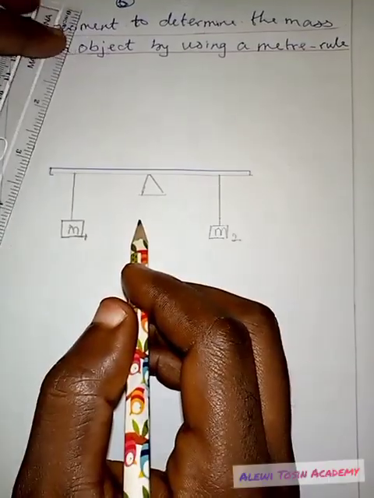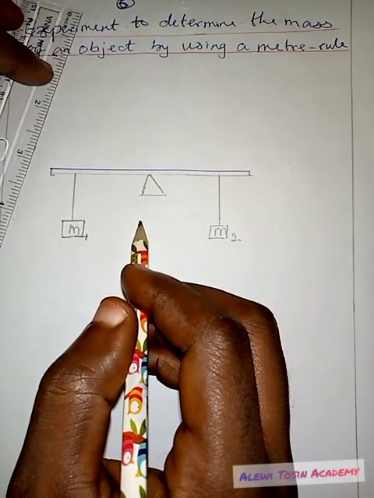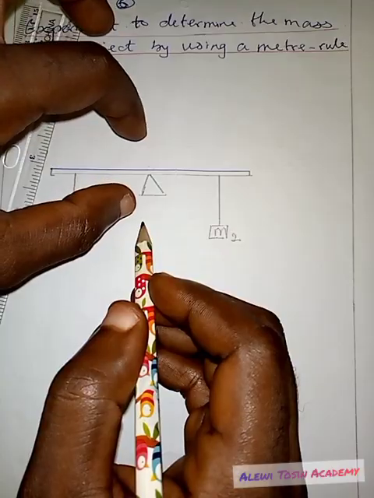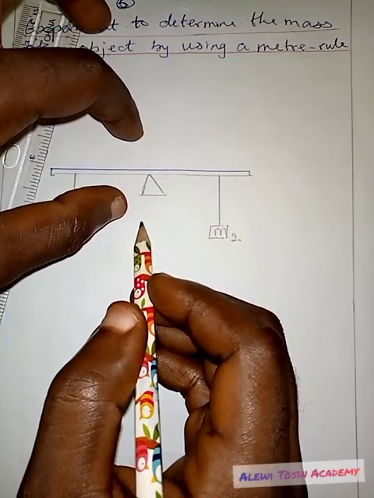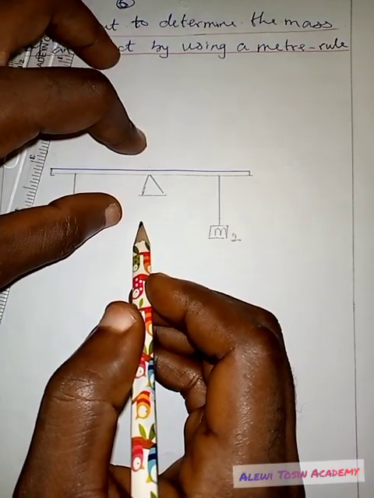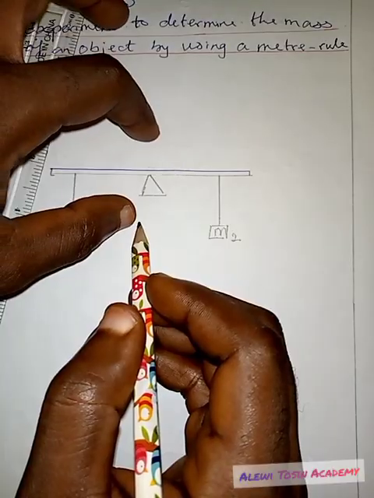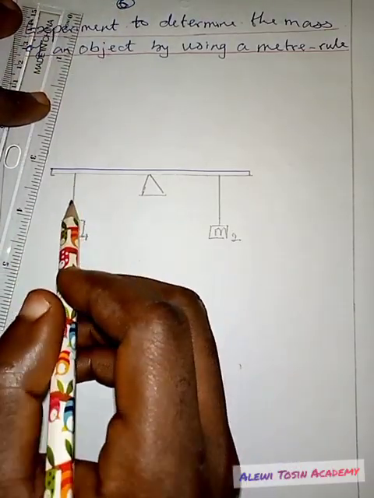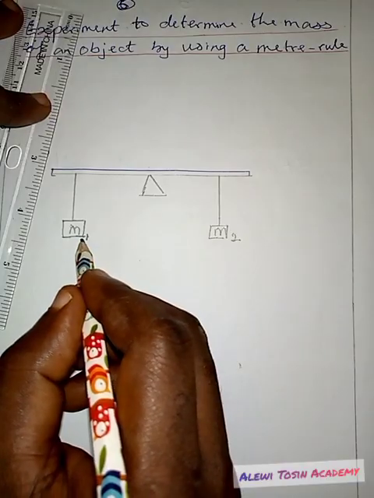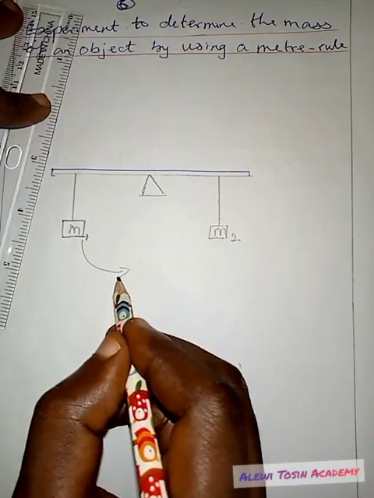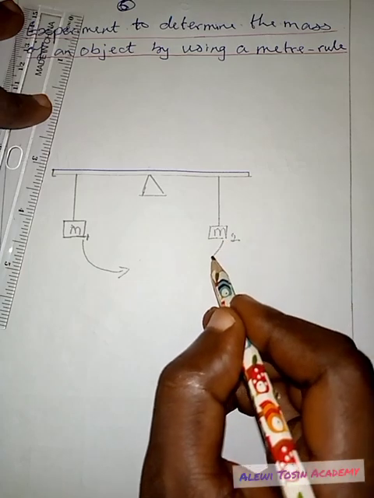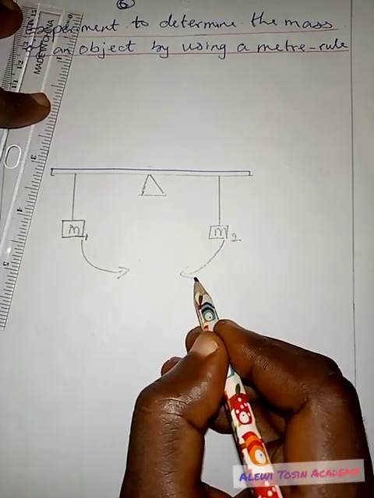Now, take note of this. We said that for equilibrium of bodies under parallel forces, the sum of anti-clockwise moments must be equal to the sum of clockwise moments.